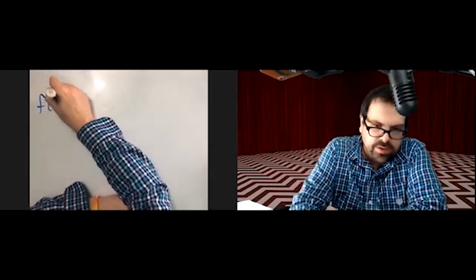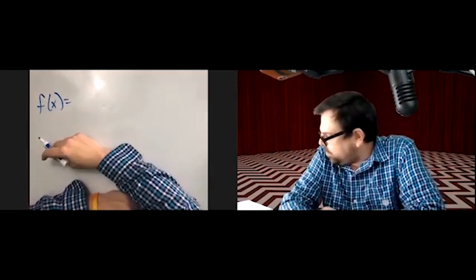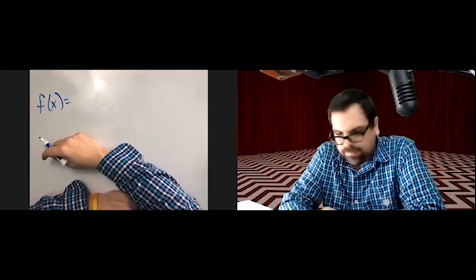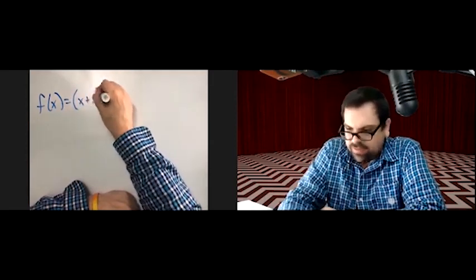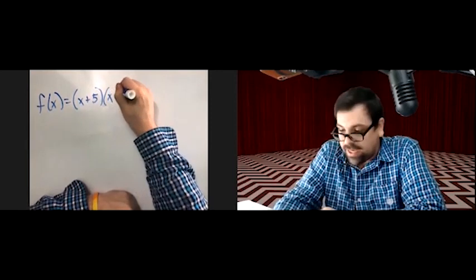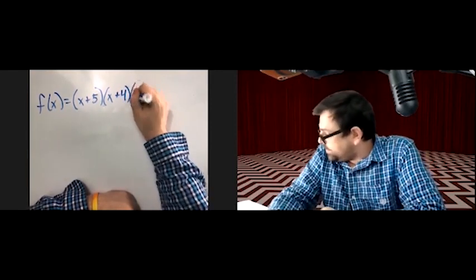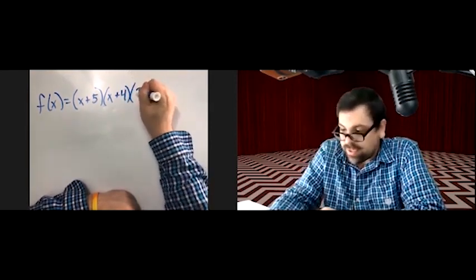So what use is there in finding what we just did? We found that the factored form was f of x equals x plus 5 times x plus 4 times 3x minus 2.